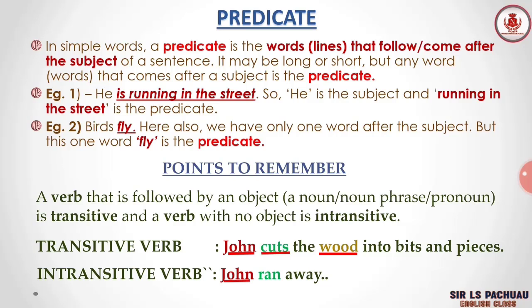But here John is the subject, ran is the verb, but we don't have an object. That is why we call it an intransitive verb. The first one, transitive verb, has an object, so we call it transitive verb. But John ran away doesn't have an object, so the verb is not followed by an object. It is an intransitive verb.